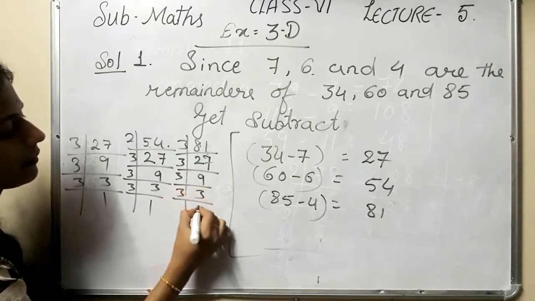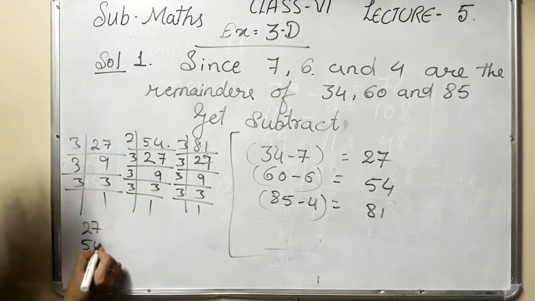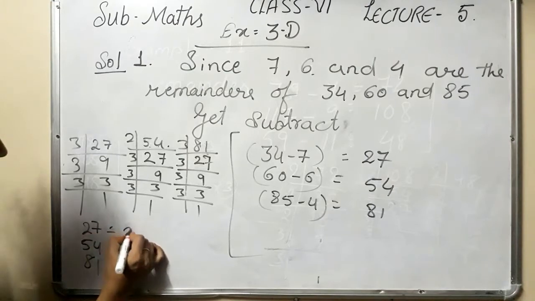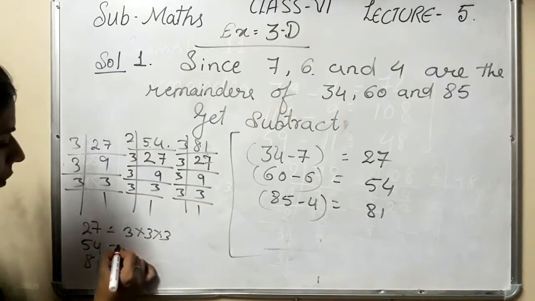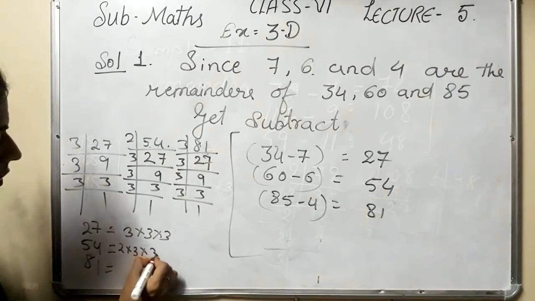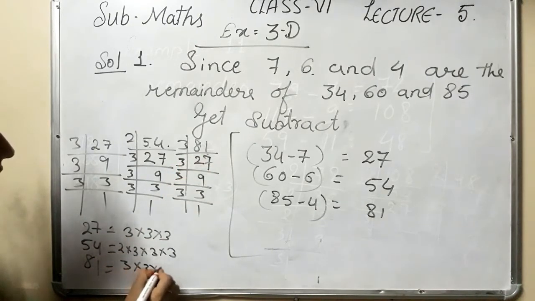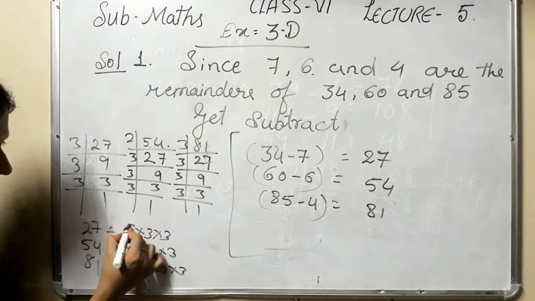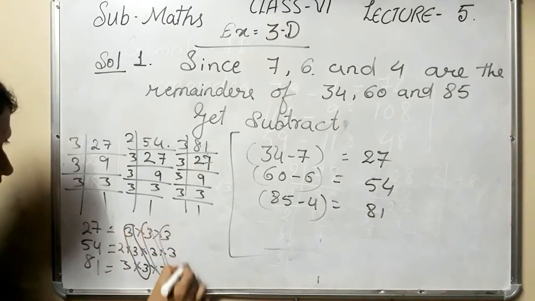Now see, common factors of 27, 54 and 81. What are the factors of 27? 3 into 3 into 3. Factors of 54, 2 into 3 into 3 into 3. Factors of 81, 3 into 3 into 3 into 3. Now see, find the common factors here. 3, 3 and 3.